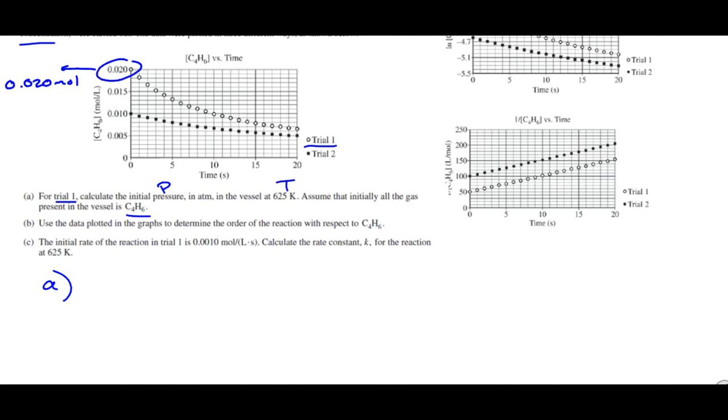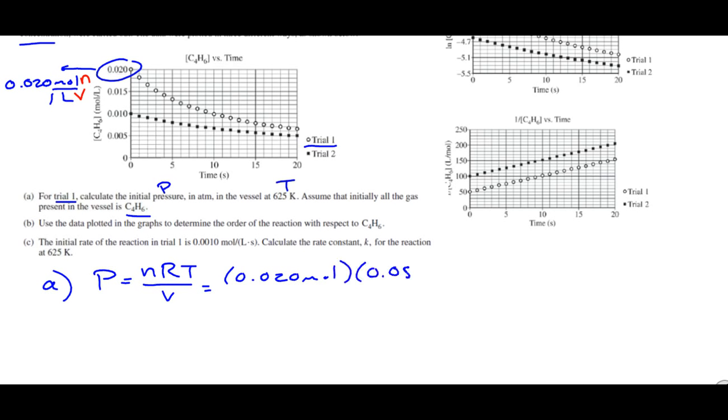This is 0.020 moles over liters. This is the leap of faith you have to take. What this is saying is that many moles in 1 liter. Well, wait a minute. Moles are n and liters are volume. So now I have my P, T, n, and V. So now I can actually answer this question. It's going to be pressure equals nRT over V. I have 0.020 moles.